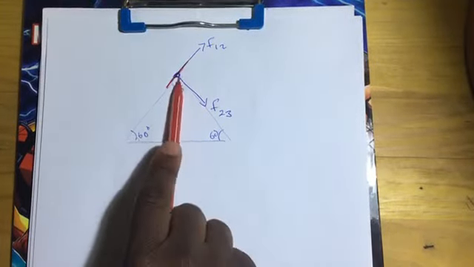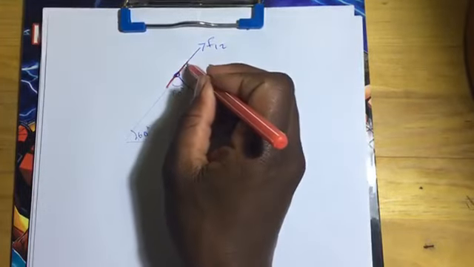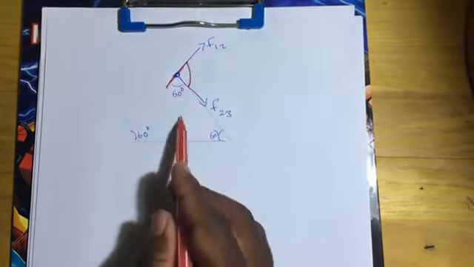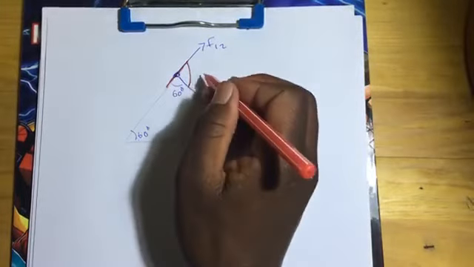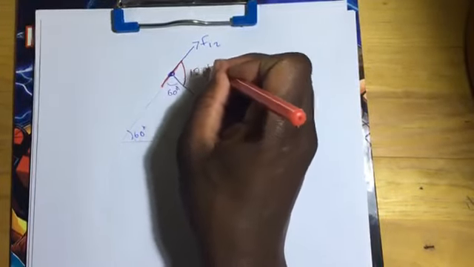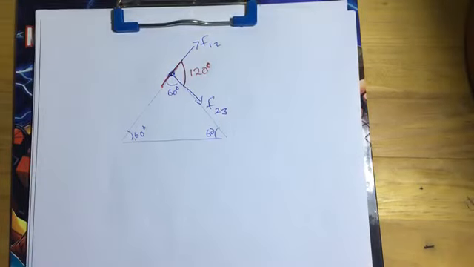And if this is a straight line, then the total angle here is going to be 120 degrees. Okay. Now, you want the answer? Let's calculate together.